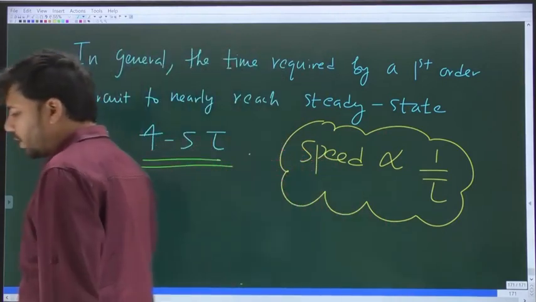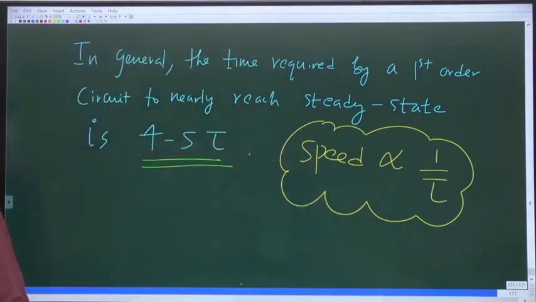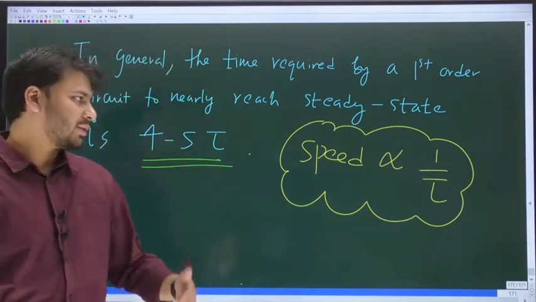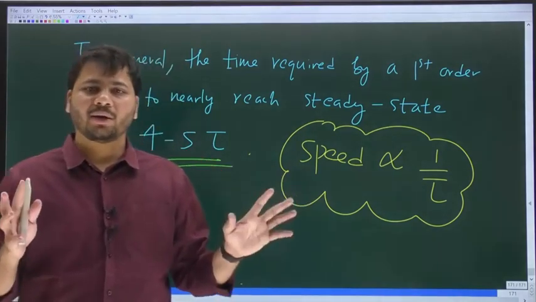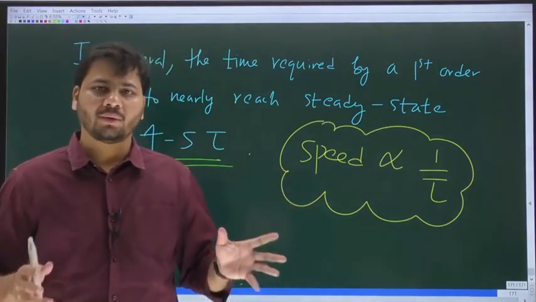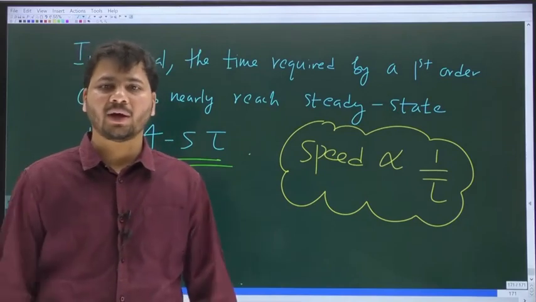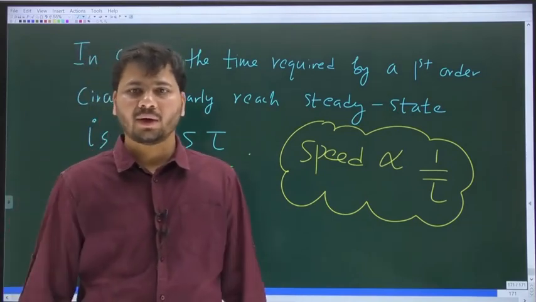So by looking at the time constant, one can decide if any circuit is fast or slow. For example, if you want to compare the speeds of two circuits, you just have to compare the two time constants. The one with the smaller time constant will be the faster of the two circuits.